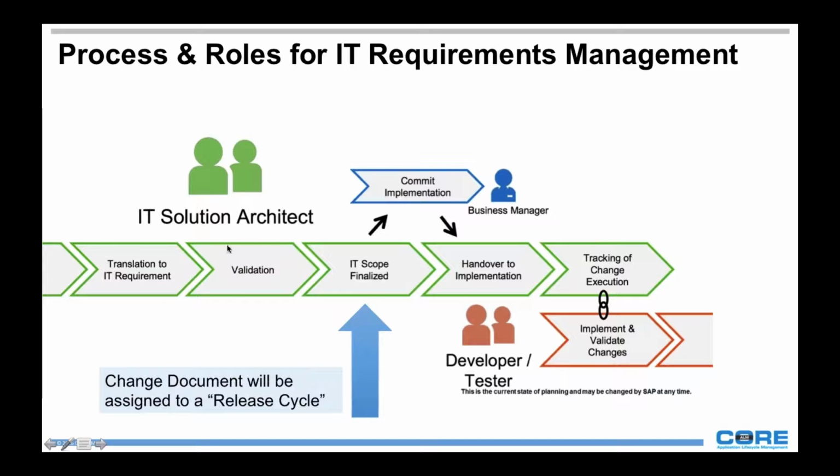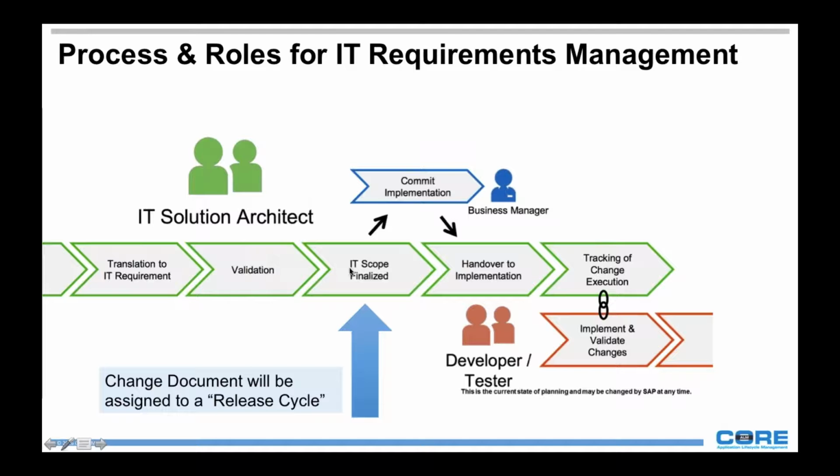What happens here? When your IT gets this requirement from your business, it will know if it's possible or not. If it's possible, they say, okay, I think this is going to require this number of changes, this number of transports, and then we can send this to development.